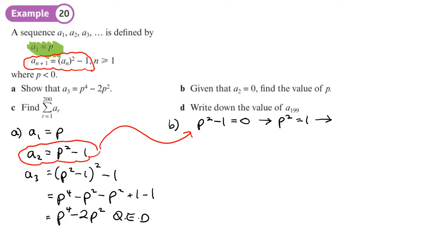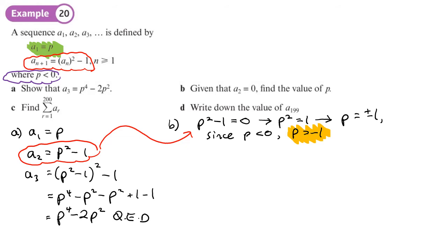Now, P could be plus or minus the square root of 1, but up here it said that P is less than 0. So we'll write down that P is plus or minus 1, but then we'll say since P is less than 0, P equals negative 1. So that piece of information was there for a reason.